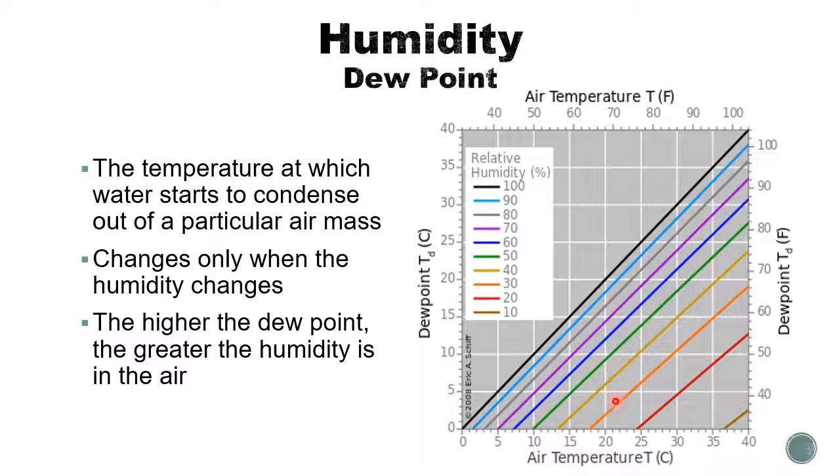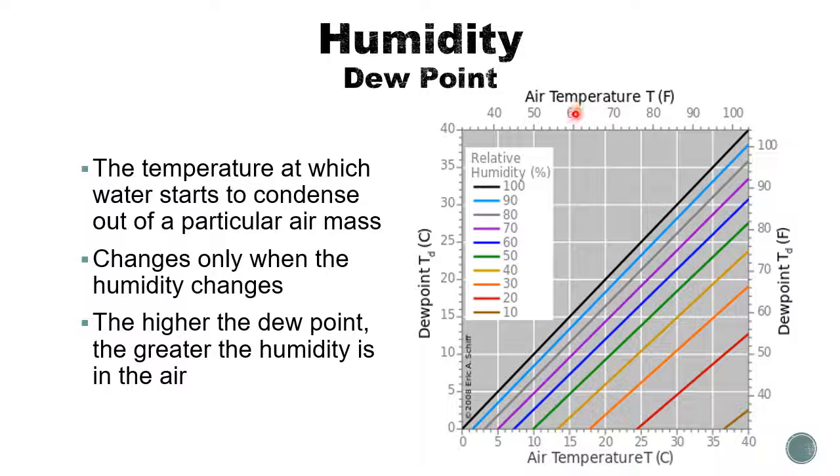So if we look at this and we say our air temperature is 25 degrees Celsius, and we say our dew point is around 58, it's going to take me to here, my green line. My green line means I am at 50% relative humidity.